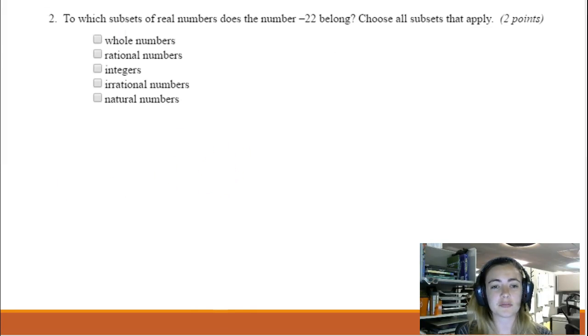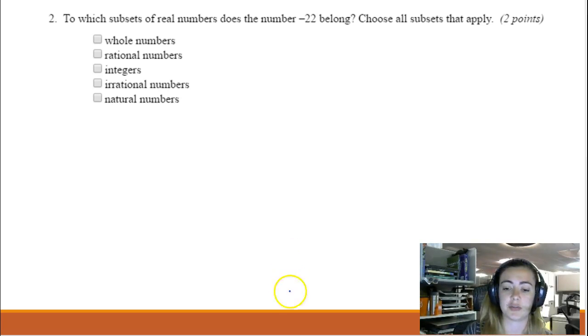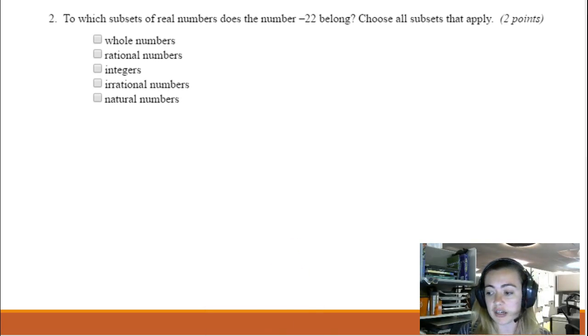For 2, to which subsets of real numbers does the number -22 belong? Choose all subsets that apply. So this is something that I've struggled with a lot in math, is kind of knowing the differences between these, because there's some subtle differences, especially between like whole numbers and natural numbers. So I've created like a little kind of almost cheat sheet for myself.